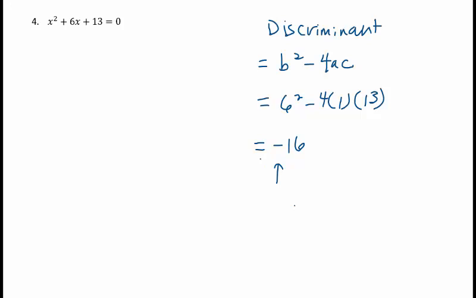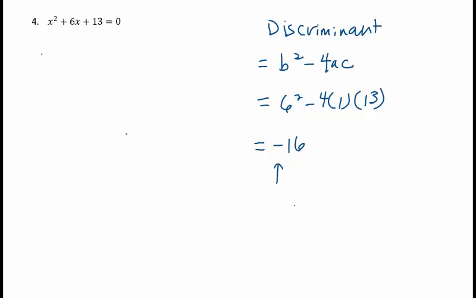They're going to be conjugates of one another. So the discriminant is just a helpful way to determine what your solutions are going to be before you even begin the problem. But the quadratic formula will always work. And so let's try it with this problem.